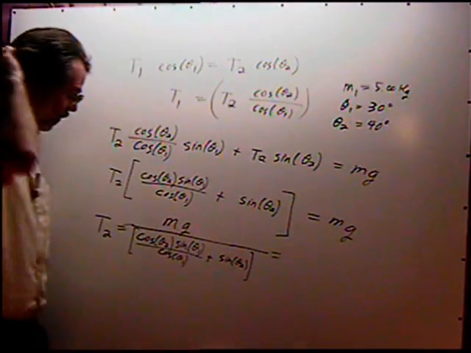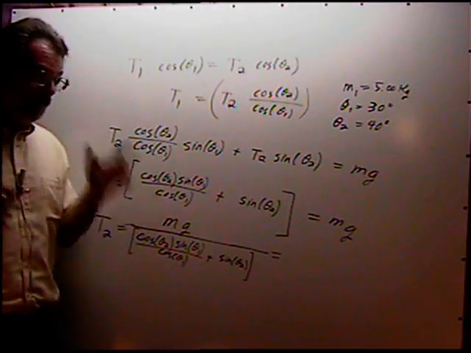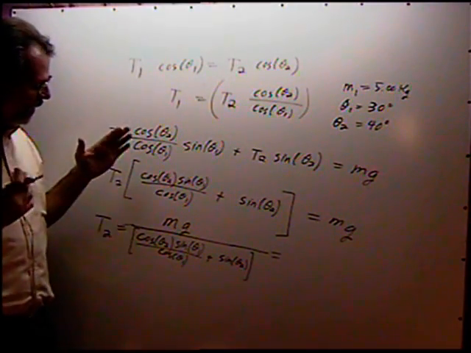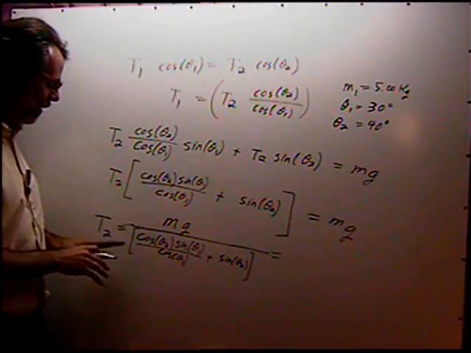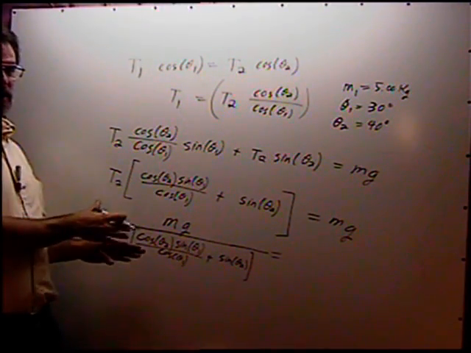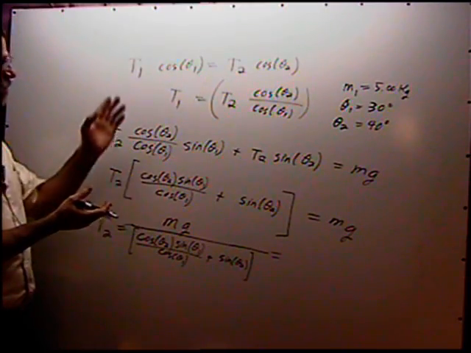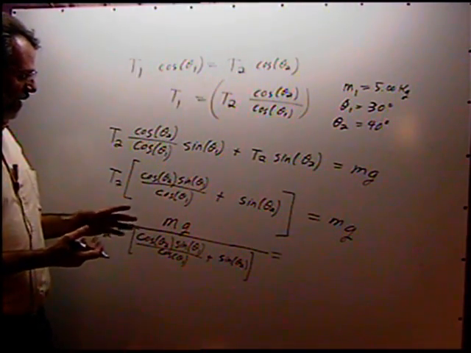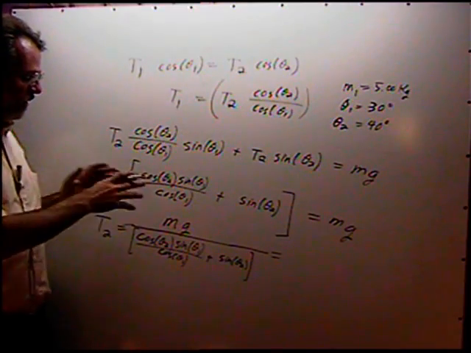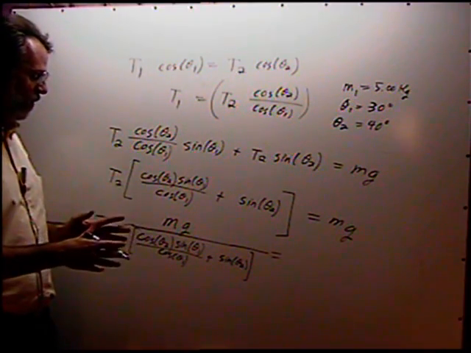Really, when you solve this problem, the way I would do it is I would keep it in algebraic form all the way until I get my answer, and then I would plug in the numbers. A lot of students want to plug in the numbers early on, but to me it's easier to solve it in algebraic form and plug the numbers in last.